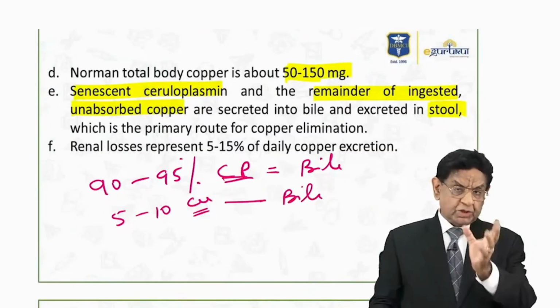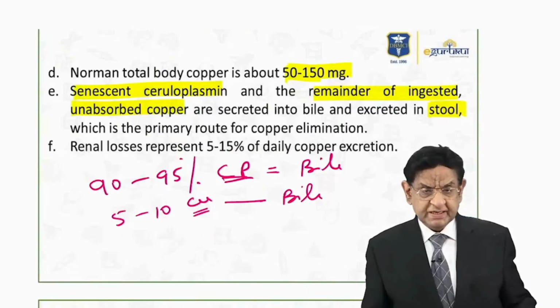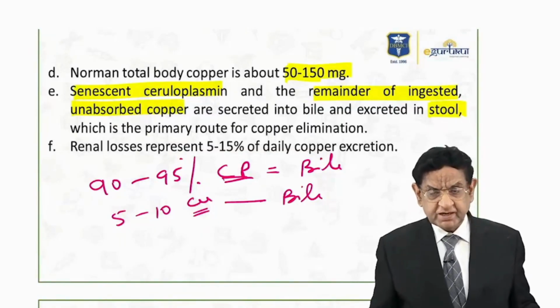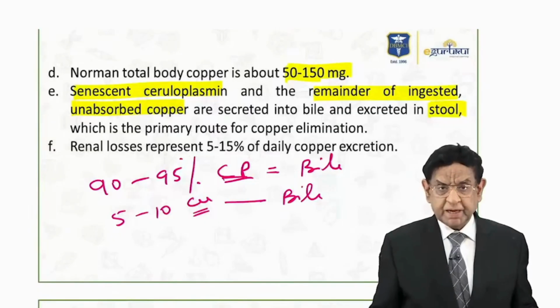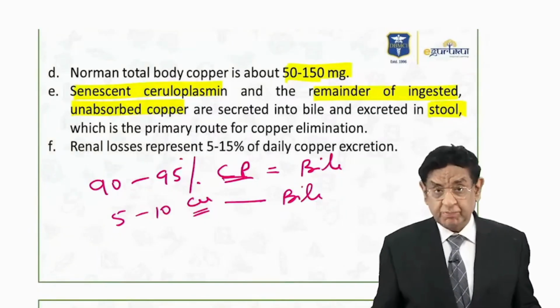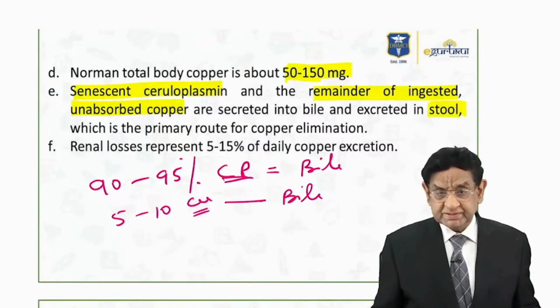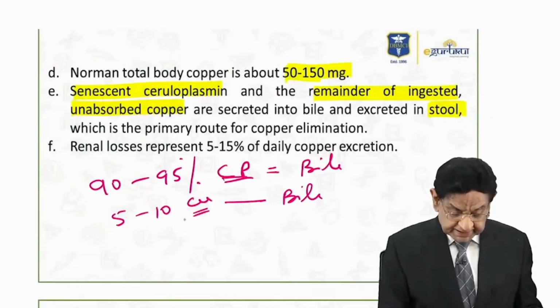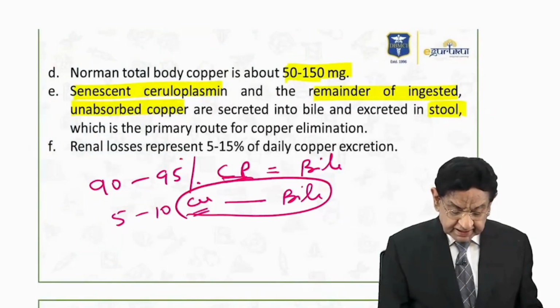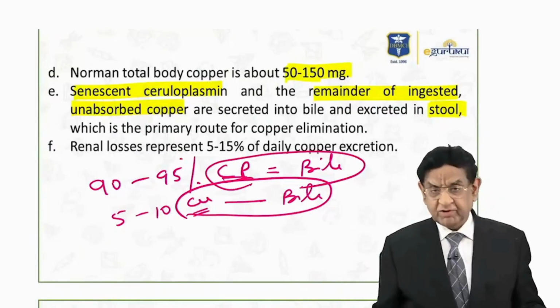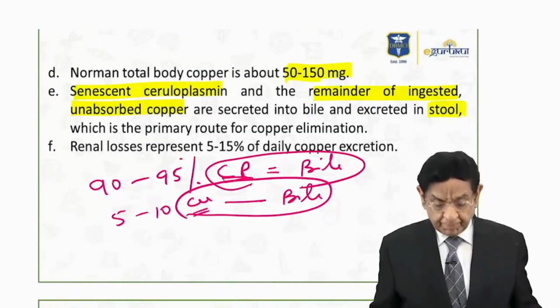It means of the total copper, 90 to 95% gets incorporated into ceruloplasmin by combining with alpha 2 globulin. But the 5 to 10% which are not able to become ceruloplasmin go out as they are. So bile will contain ceruloplasmin and bile will also contain free copper.